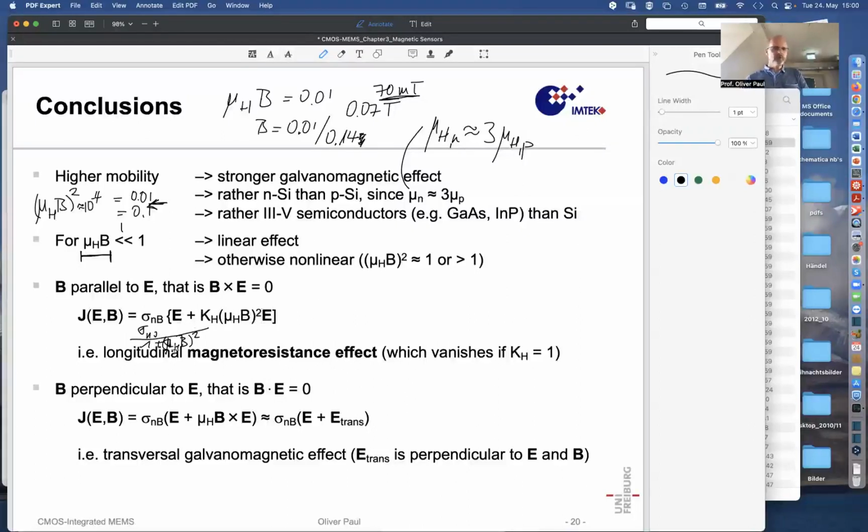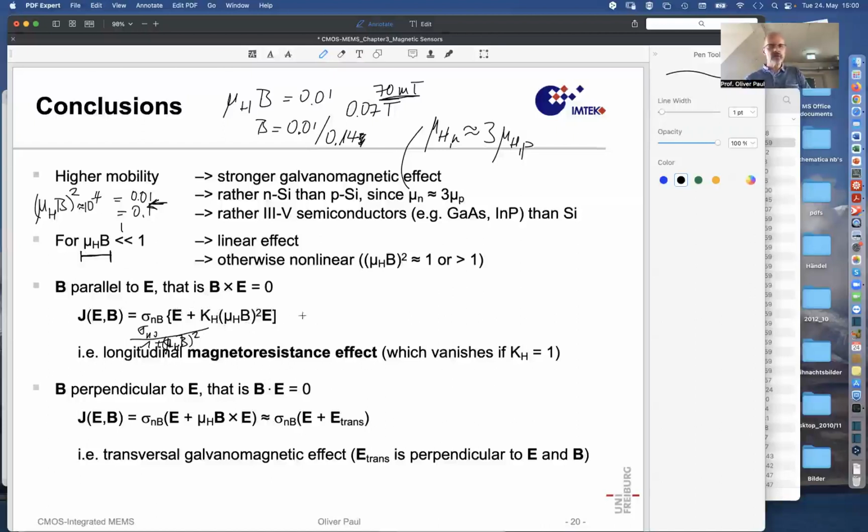has this quadratic term, and so does the denominator. And imagine now that K is 1. Then you have up here 1, and then you have mu HB again, the same.